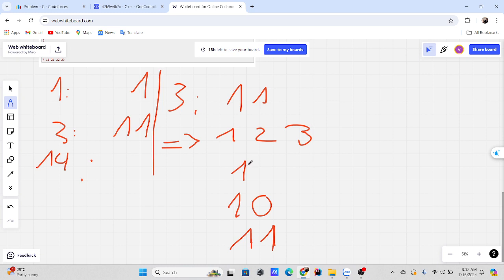Okay, so as you can see, our n is 3, right? So we must try to make the next sequence with n as the OR result. In this test case, you can see that n is 1, 1.